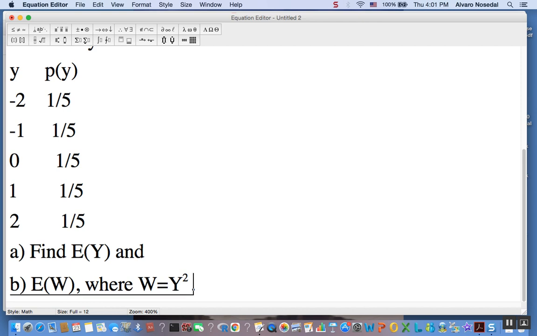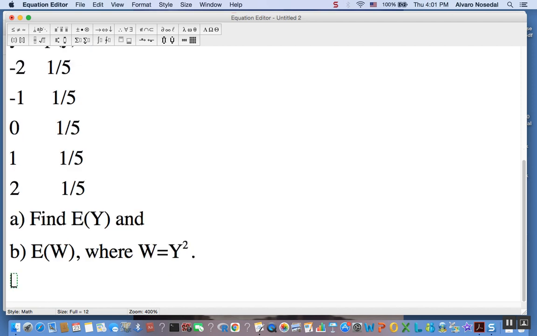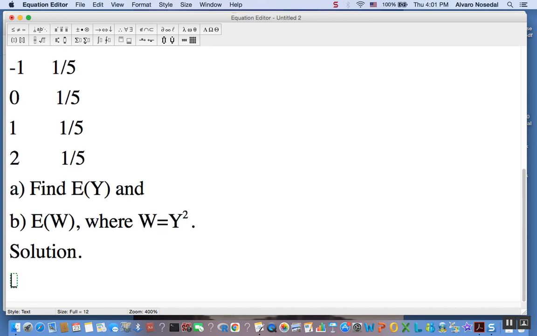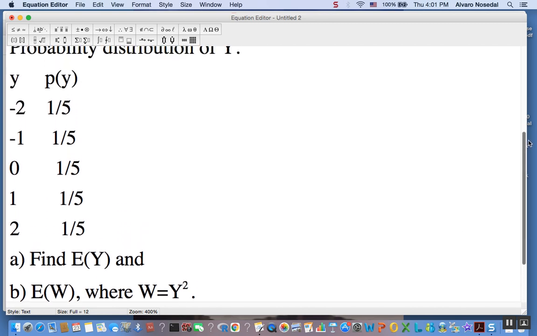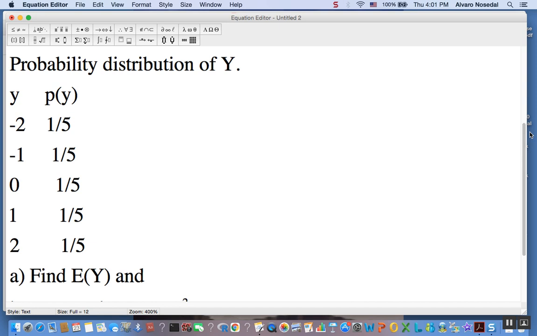We are interested in finding the expected value of y square. Solution. The first one is going to be easy. I just want the expected value of y, and I already have its probability distribution, so I'm going to use the definition to find it.